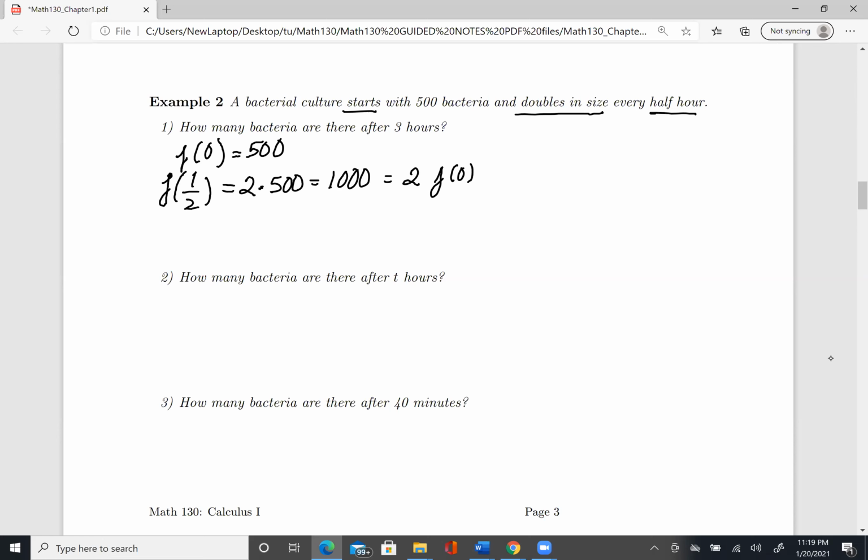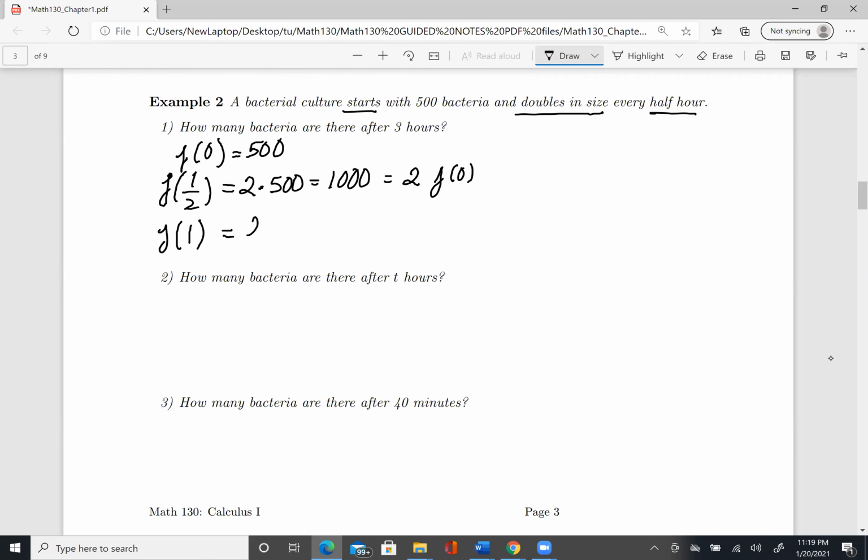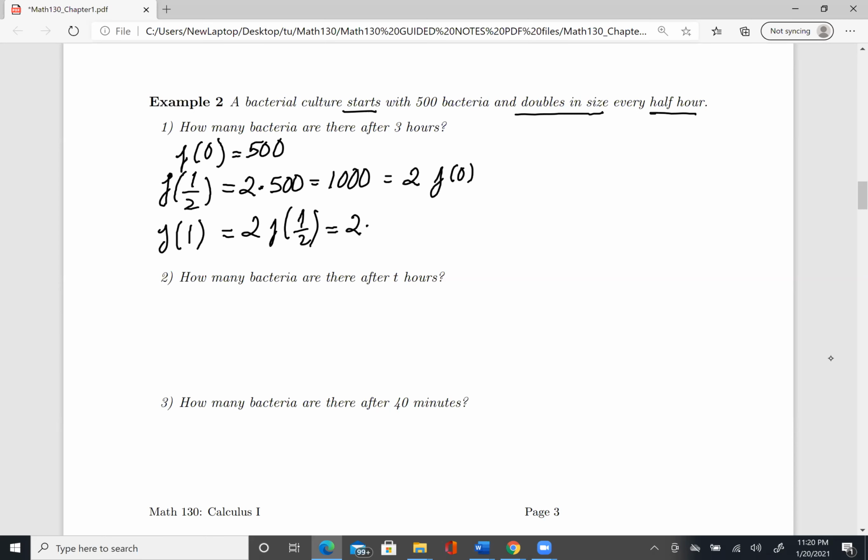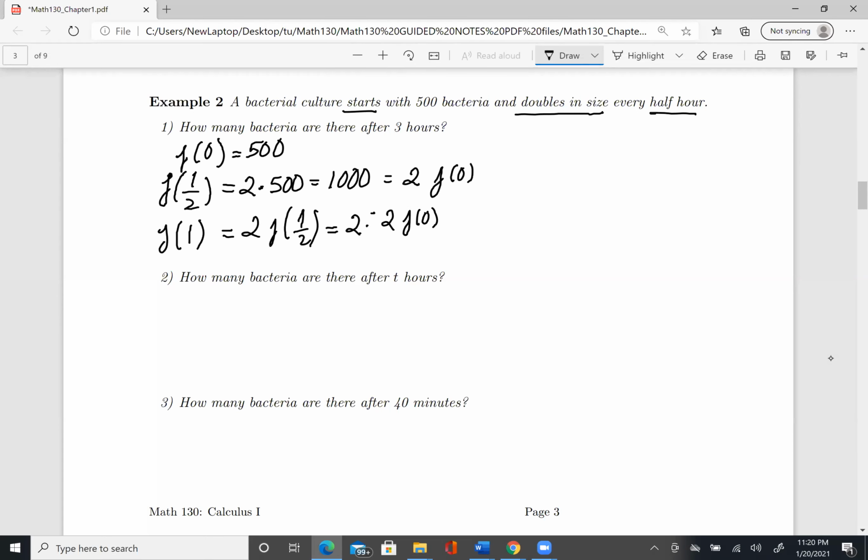What else? If I add another 1/2 hour, I have f of 1. Then I have to double f of 1/2, which is going to give me 2 times 2 f(0).